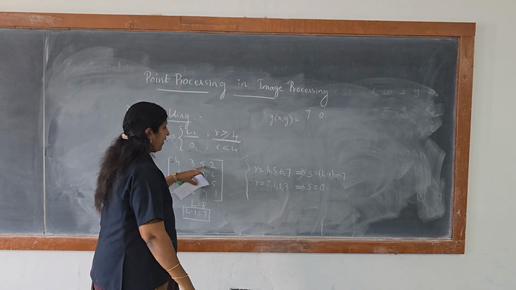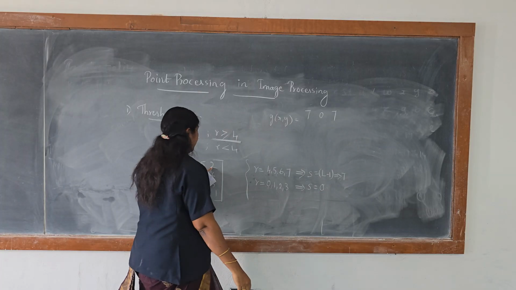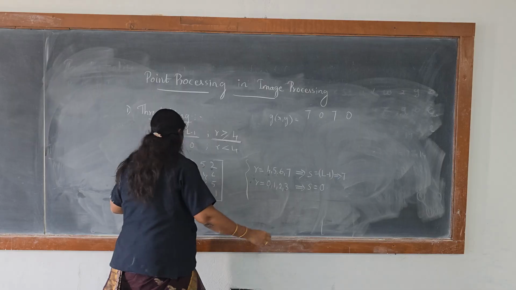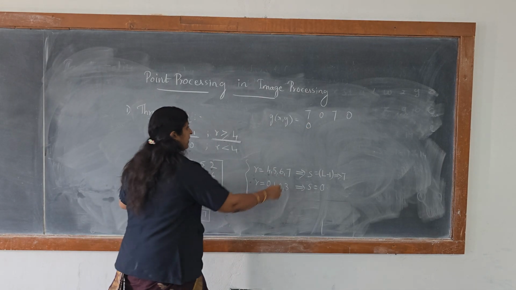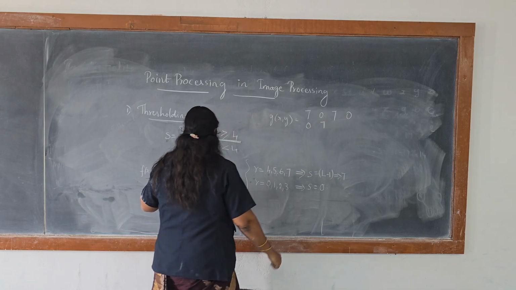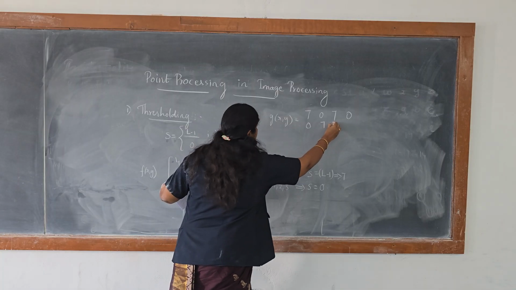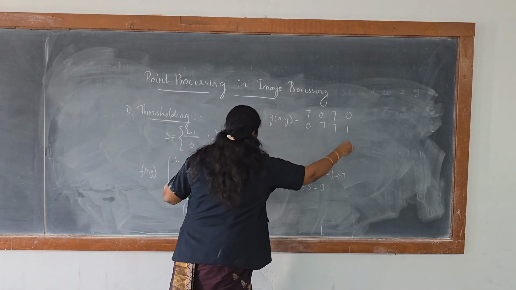Again 5 is greater than 4, so 7. Then 2 is less than 4, so 0. And again 3 is less than 4, so 0. Then 6 is greater than 4, so 7. 4 is greater than or equal to 4, so that is 7 again. 6 is greater than 4, again 7.